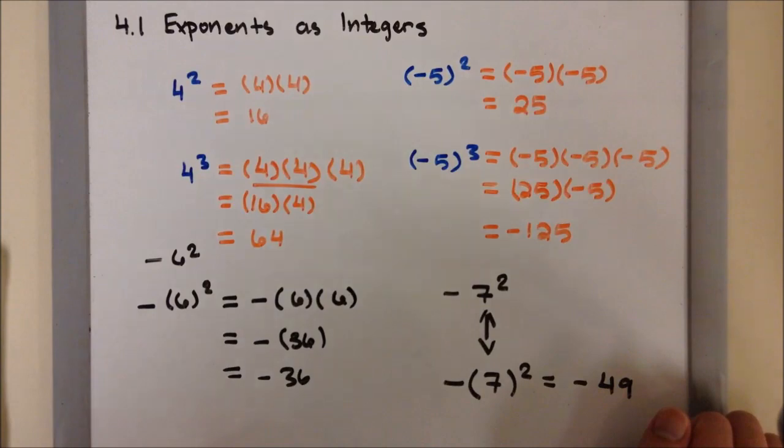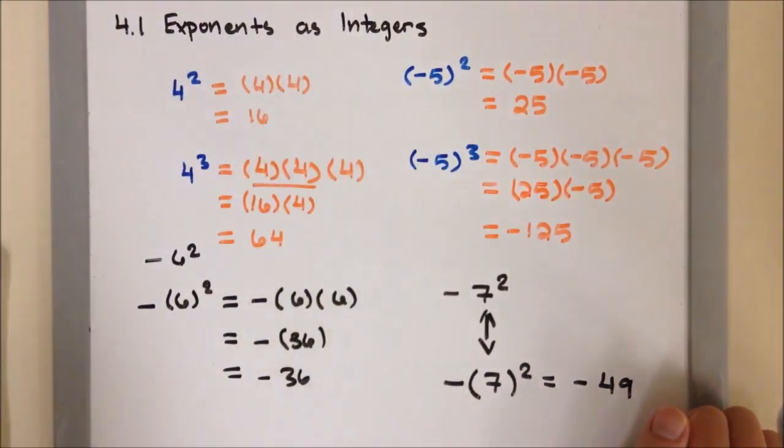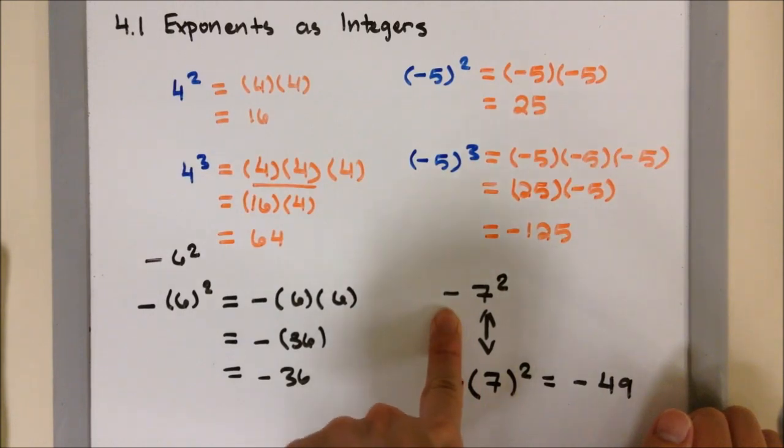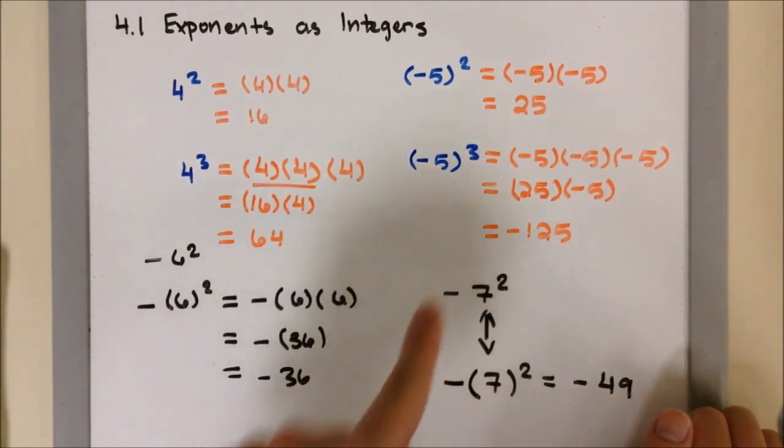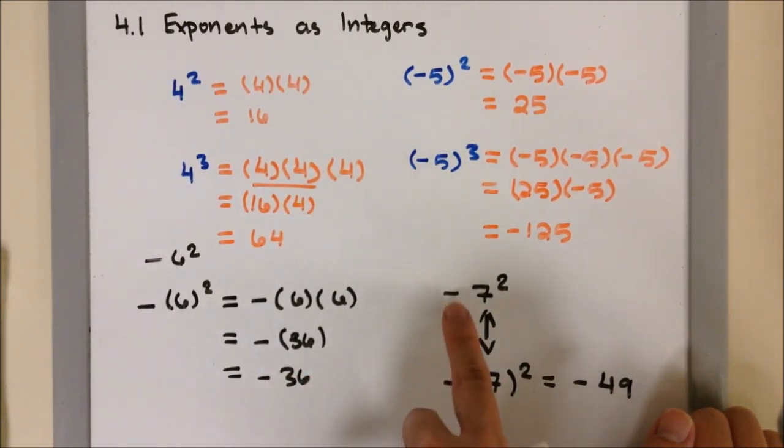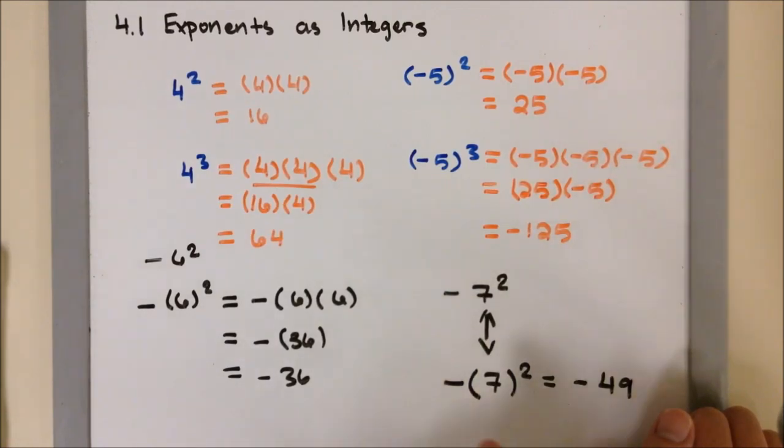Parenthesis plays a big part, especially if you have the option to use a calculator. Be very careful what you type. If you see something like this, this is what it means for you to type in a calculator. Negative first, open parenthesis, 7, close parenthesis, square. So be very careful with our negatives.